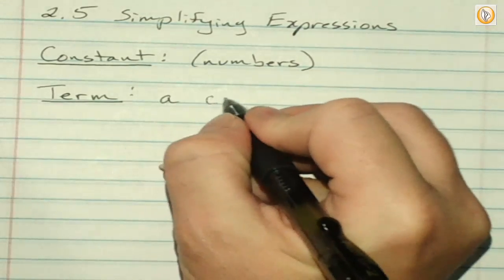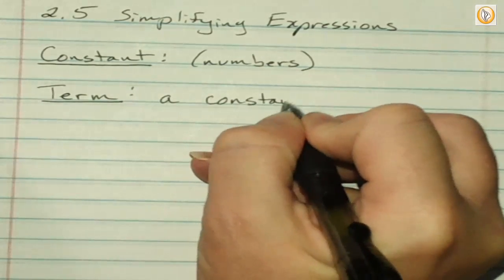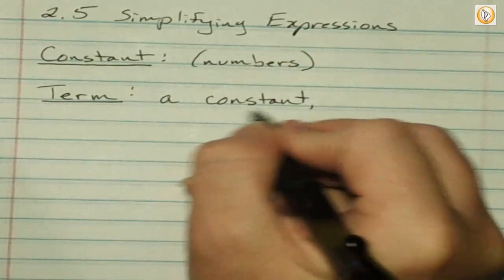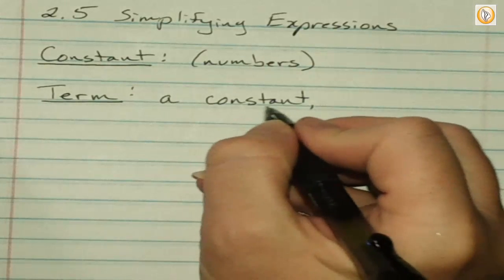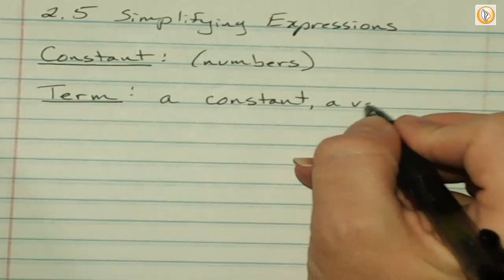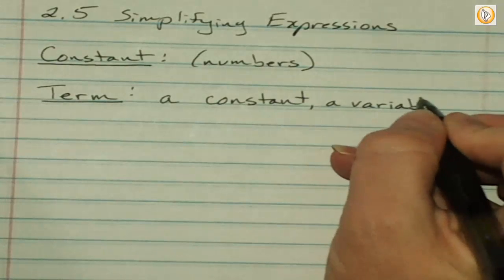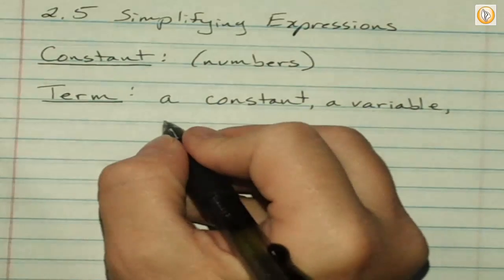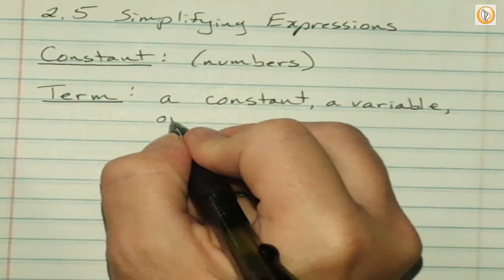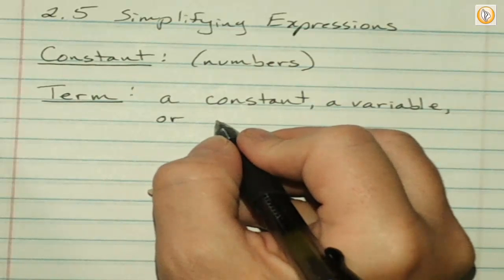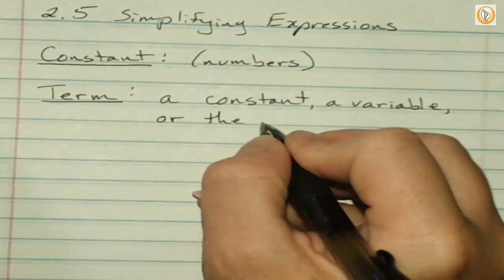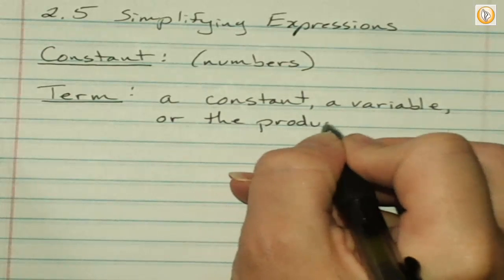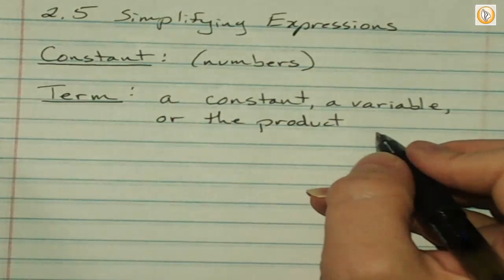Okay, a term. A term is a constant. Constant's what again, boys and girls? A number. A variable. What's a variable? A letter. Or the product. What's product? Like an answer to a multiplication problem.